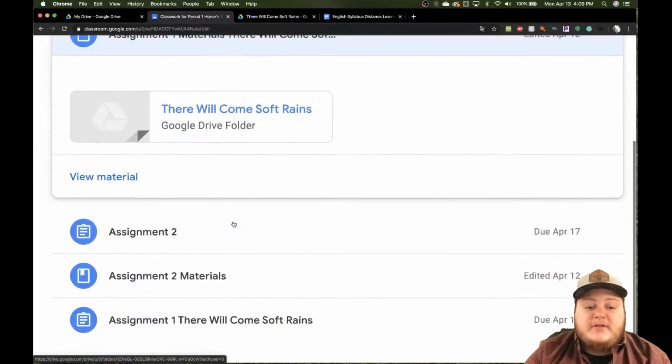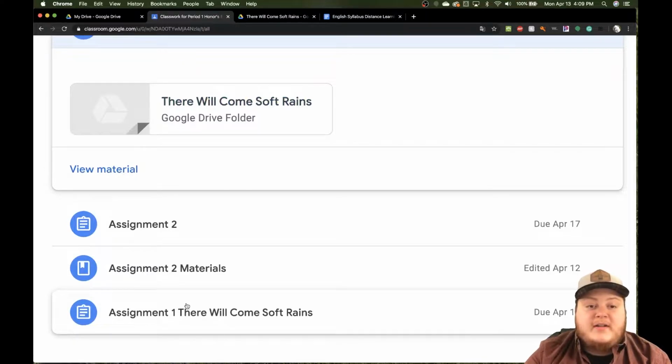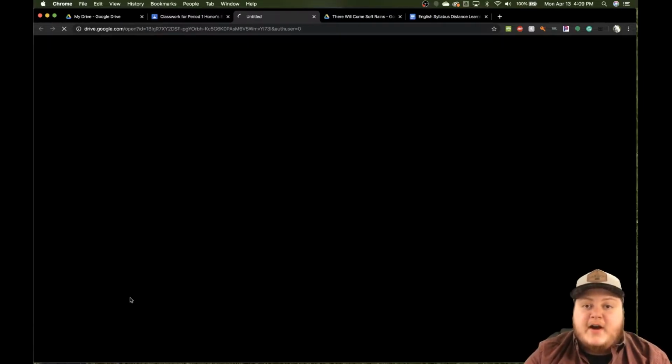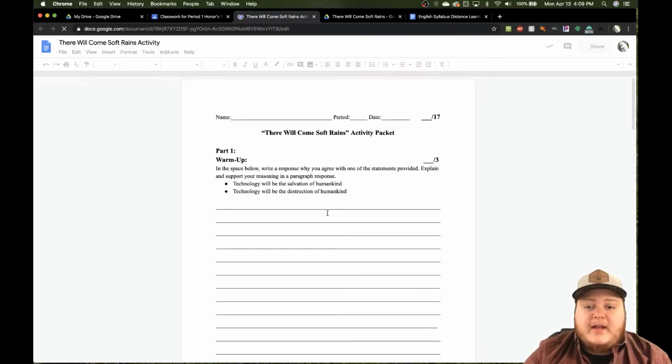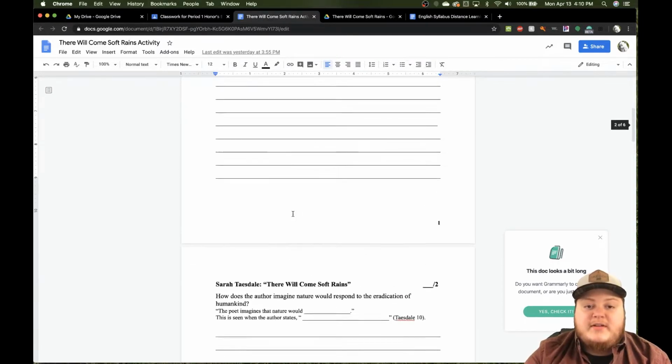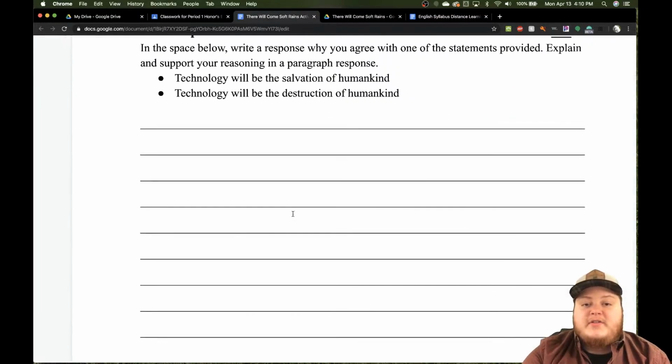And then if you look right here for Assignment 1, this is material for Assignment 1. If you click here, you will have a copy of it. And you can either type on your own here. You can just delete all these lines if you want and just respond to all these questions here.